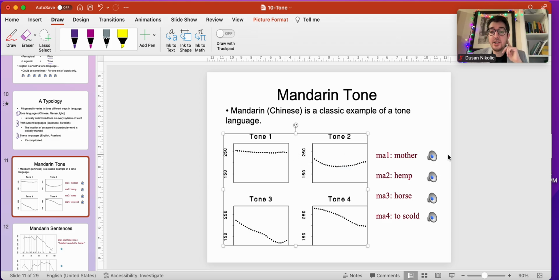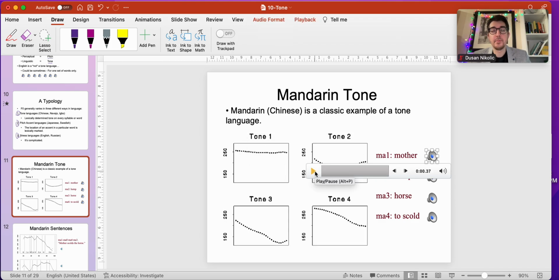And these are the tones which we can hear, hopefully we can hear through these recordings. So tone number 1 is this one. Do not try to imitate the speaker. Try to find your own range for high, right? This tone is very high, and it should remain high all the way through the word.